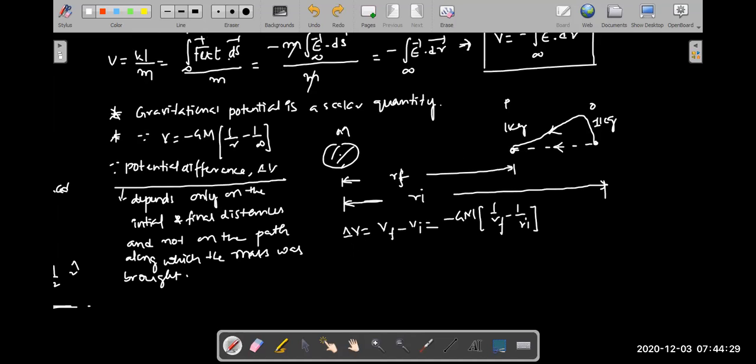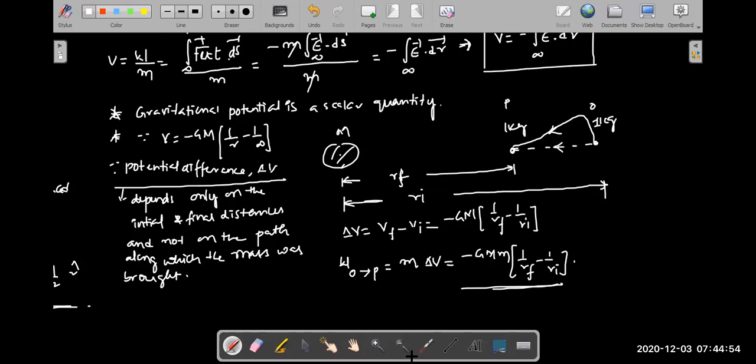Now, in this case, let's say you want to calculate the work in moving it from point O to point P, then how do you do it? You multiply the mass which you are bringing times the potential difference. So this will be minus G capital M small m by 1 by R final minus 1 by R initial. Most of the times, the work done by external agent is negative.